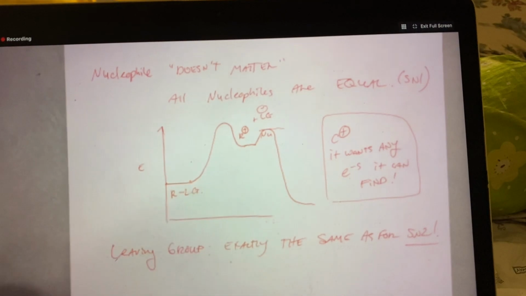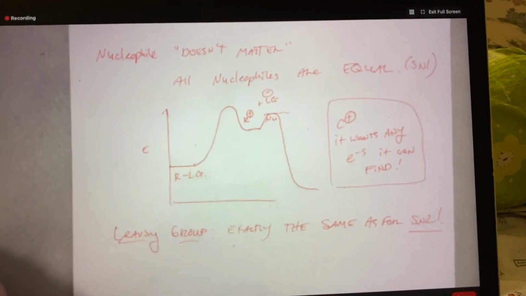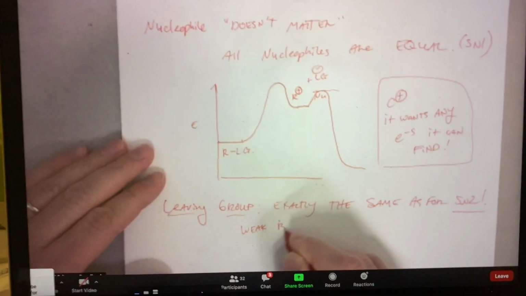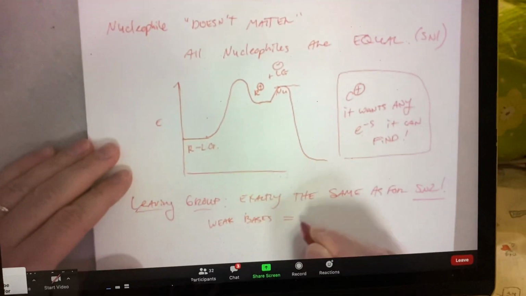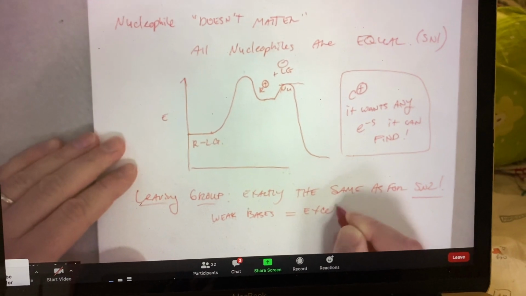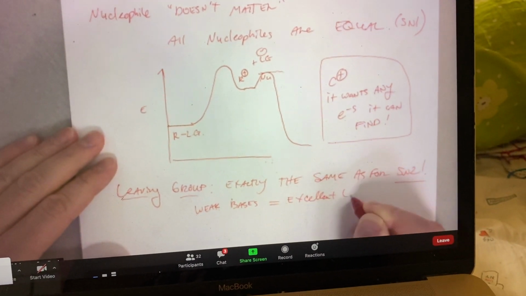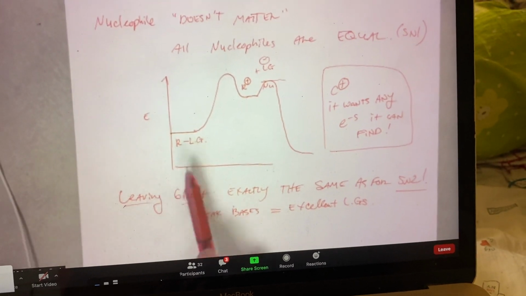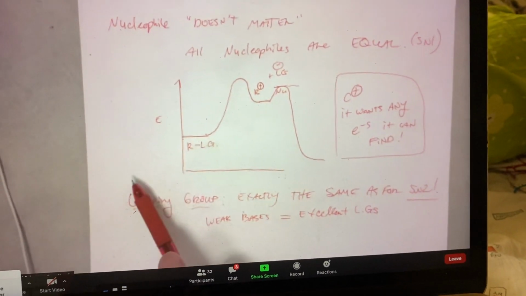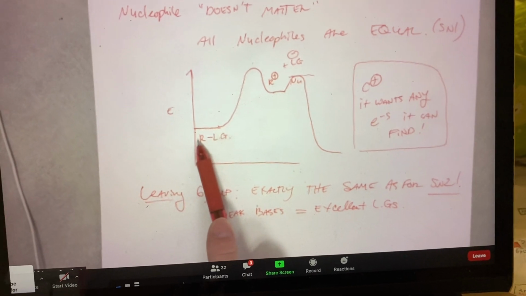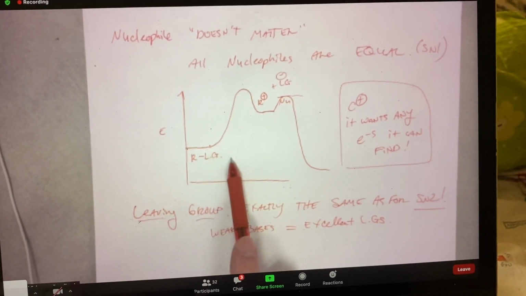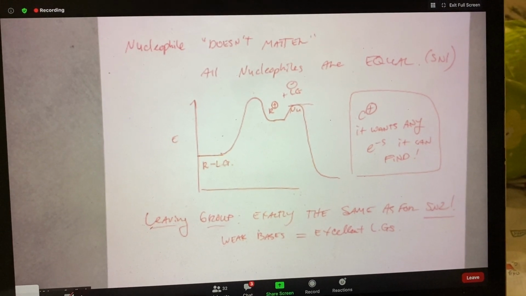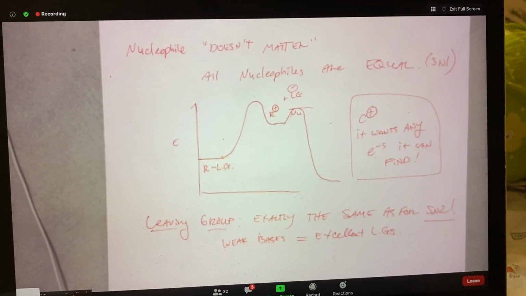You just have to keep in mind that leaving group ability always matters. We want weak bases because they will be excellent leaving groups. Okay? To get that bond to actually break, whether it's an SN2 reaction with nucleophile attacking or the SN1 reaction where the leaving group breaks, the trend is exactly the same. You need a weak base, otherwise it won't react.